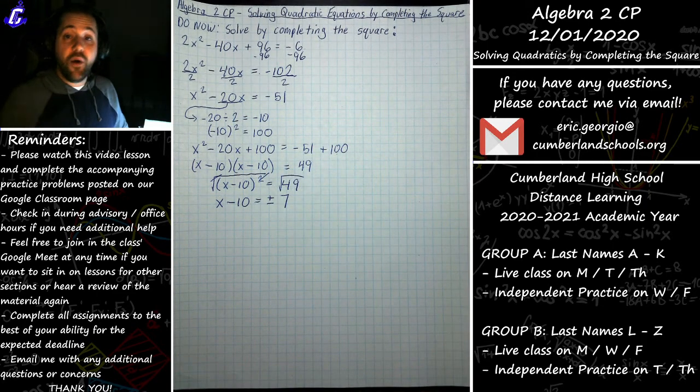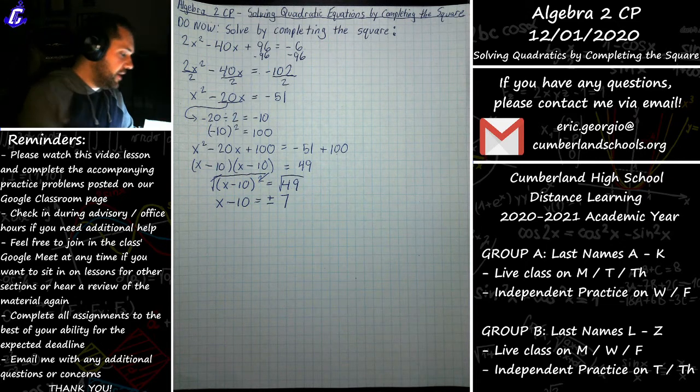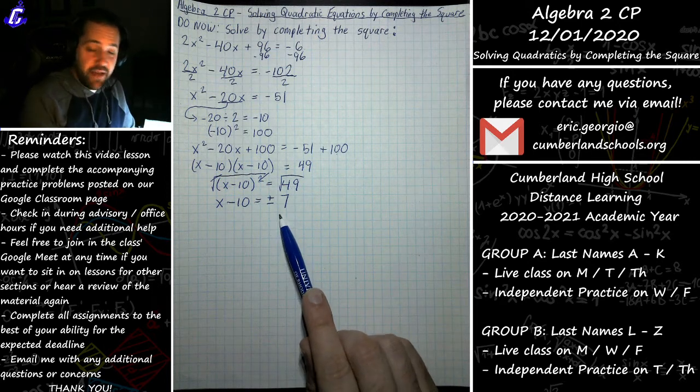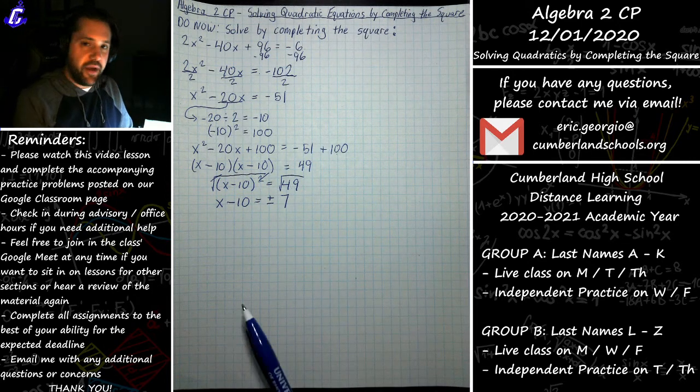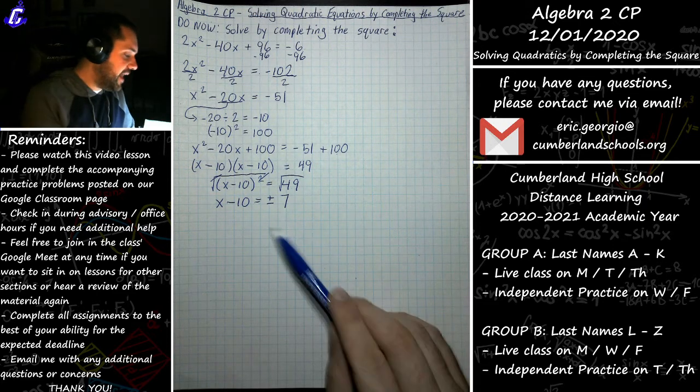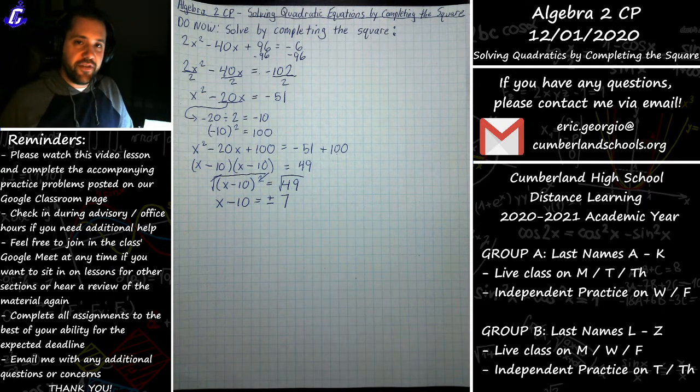A lot of students always forget to include plus or minus. We need to do that to account for both the positive and the negative possibility. Because remember, x minus 10 could equal positive 7, because positive 7 squared would be 49. Or x minus 10 could equal negative 7, because negative 7 squared is also positive 49. It's like doing absolute value from Algebra 1, if you brought that up before.